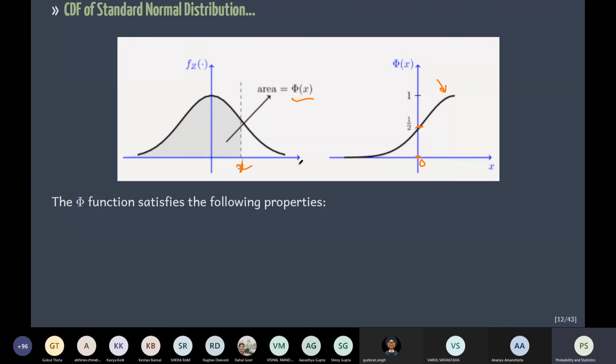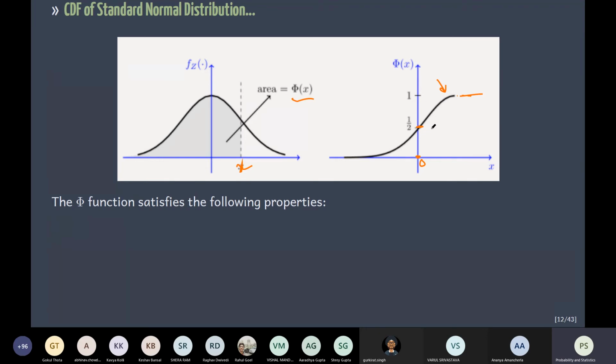As x tends to infinity, the area under the curve is indeed 1. That's why it becomes flat after this. It does not reach exactly 1 at some point; it slowly goes to 1, so it's approaching 1.